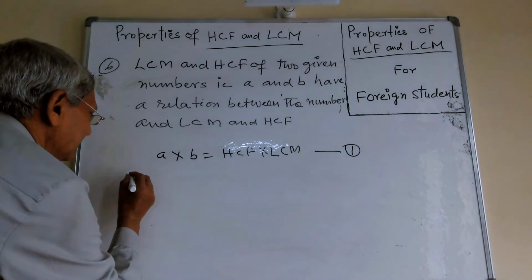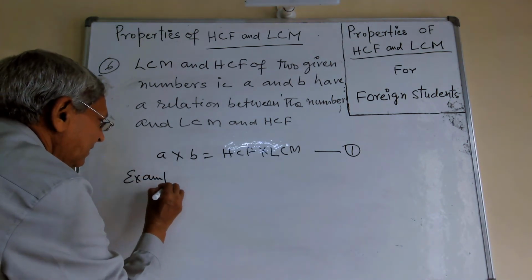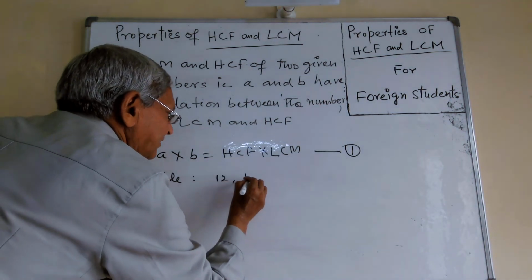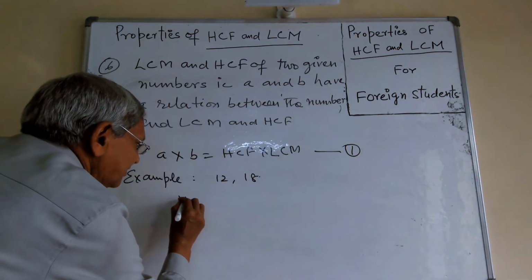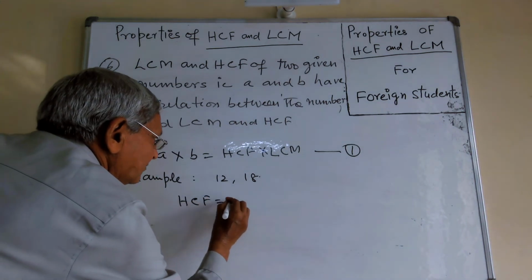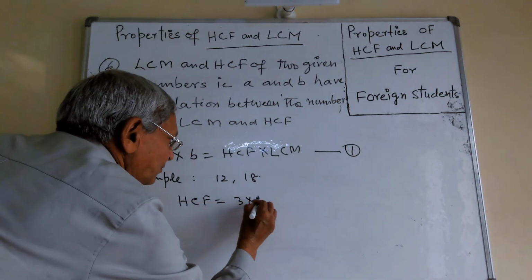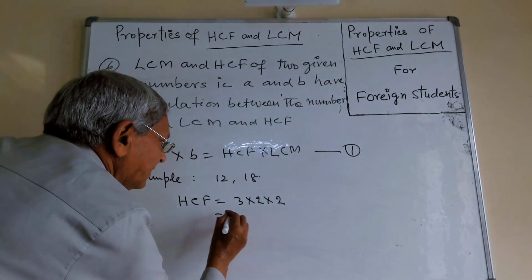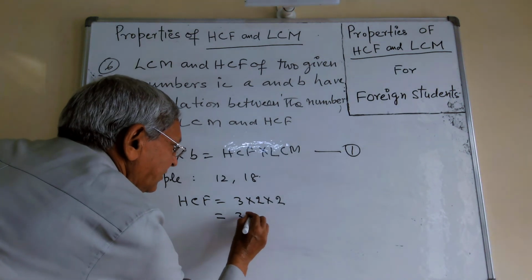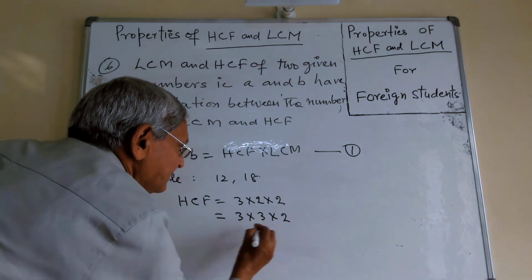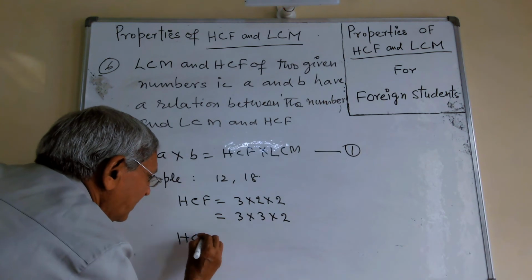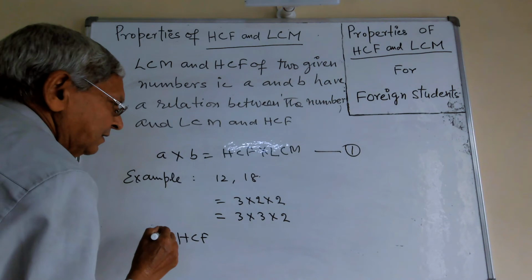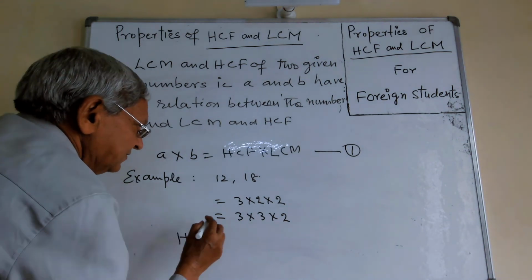So I'm taking an example: 12 and 18. 12 is 3 into 2 into 2. 18 is 3 into 3 into 2. How will you find out the HCF?